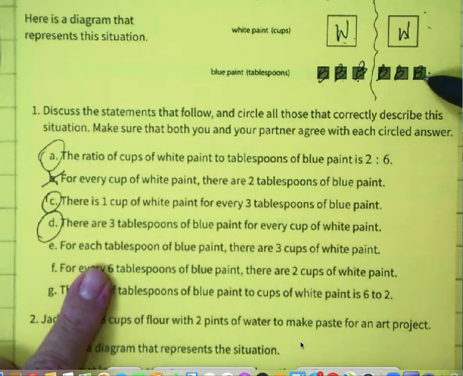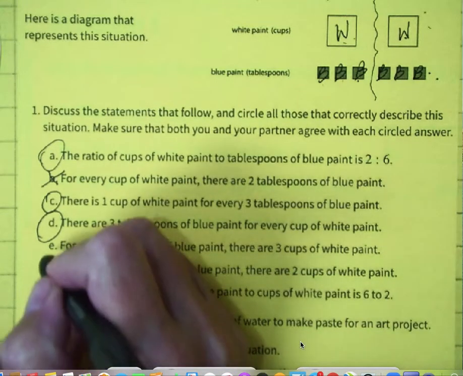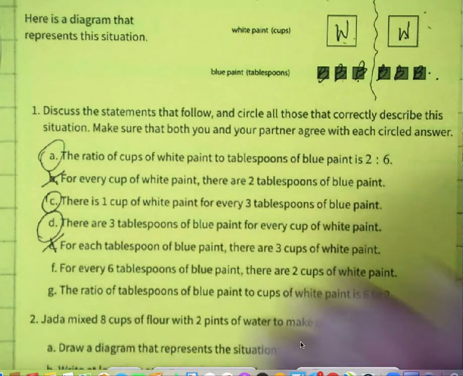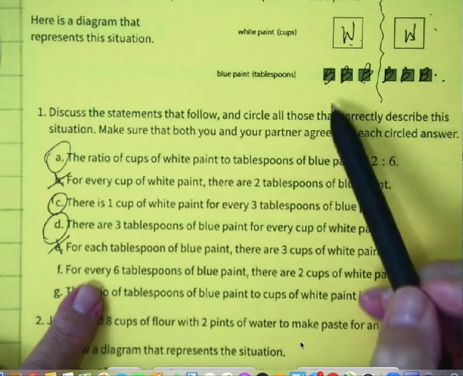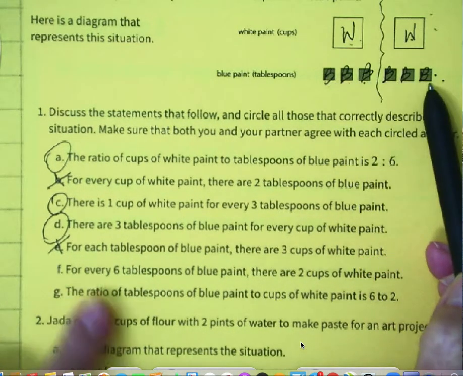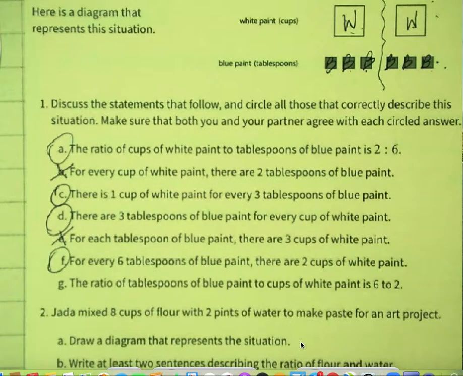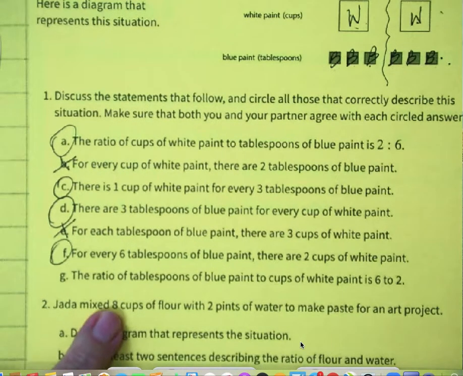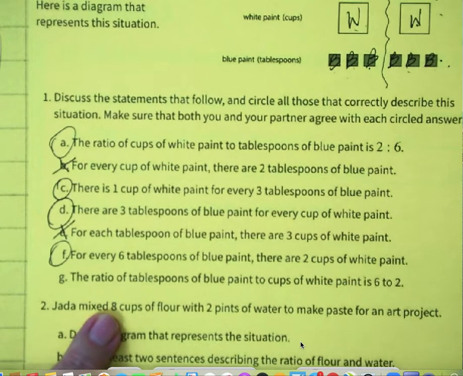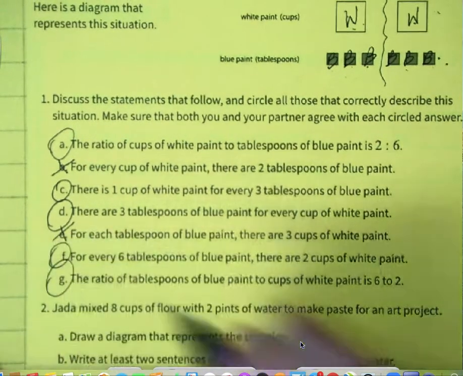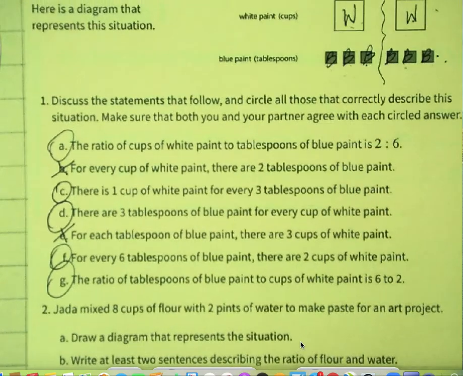Is that true? Well, no, it's not. Isn't it backwards? For every 6 tablespoons of blue, there are 2 cups of white. That one's right. And the ratio of tablespoons of blue paint to cups of white is 6 to 2. Blue to white, 6 to 2. Yes. So those are the ones we got right.